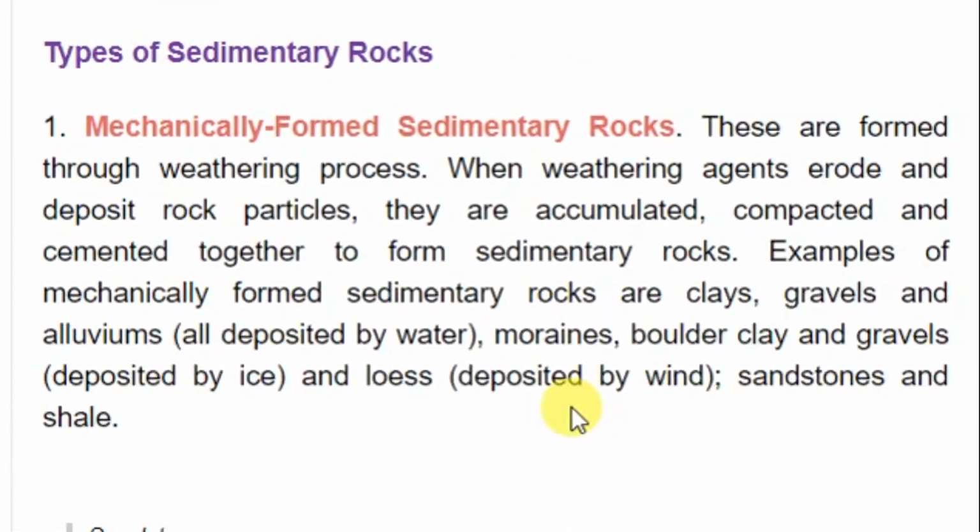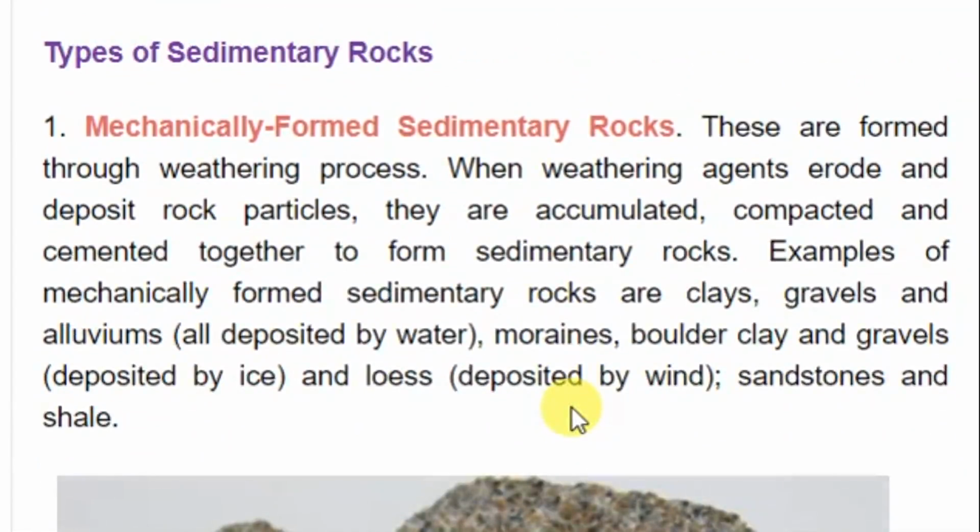Now, types of sedimentary rocks. Sedimentary rocks can be classified according to their nature of formation. We have mechanically formed sedimentary rocks. These are formed through the weathering process, when weathering agents erode and deposit rock particles. Weathering agents such as continuous cooling and warming of the rocks can break the rocks.